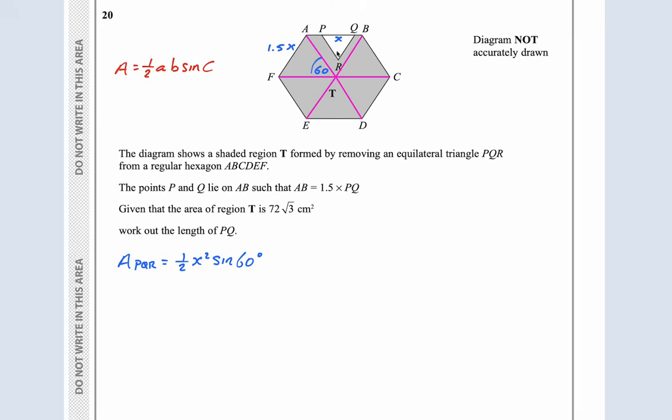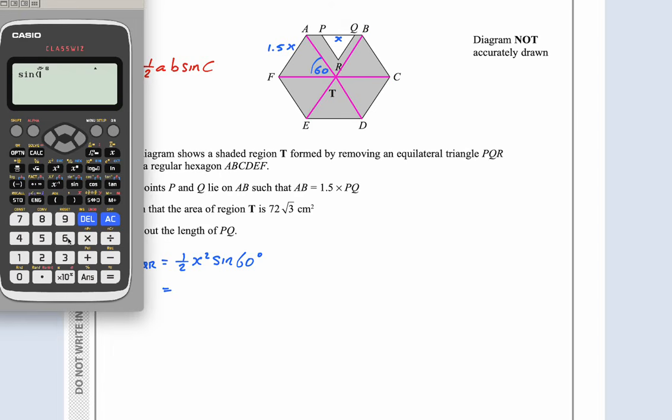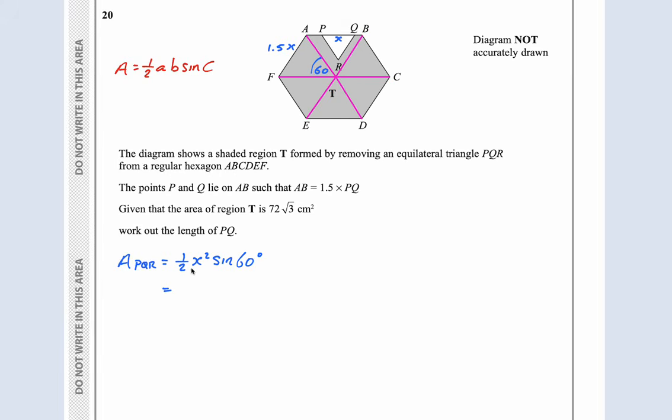They're all 60 degrees. Sine of 60, you can do that on your calculator, guys, is root 3 over 2. So this is root 3 over 2 times a half, which is root 3 over 4 x squared. So the area of the small triangle is root 3 over 4 x squared.